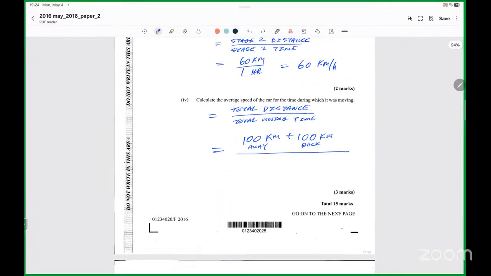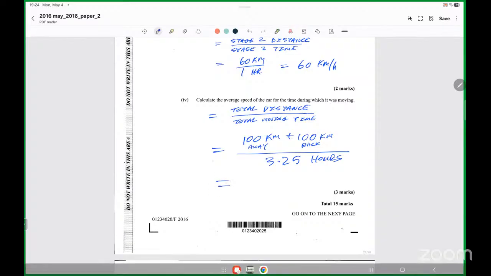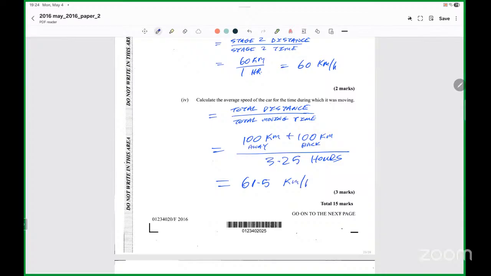Divided by 3.25 hours. So 200 divided by 3.25 gives kilometers per hour. It's 61.5 exactly. So give them the exact value: 61.5 kilometers per hour.